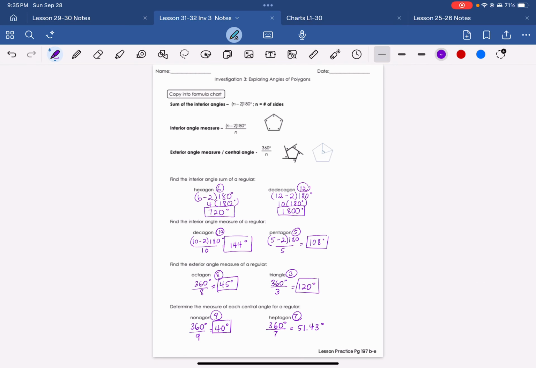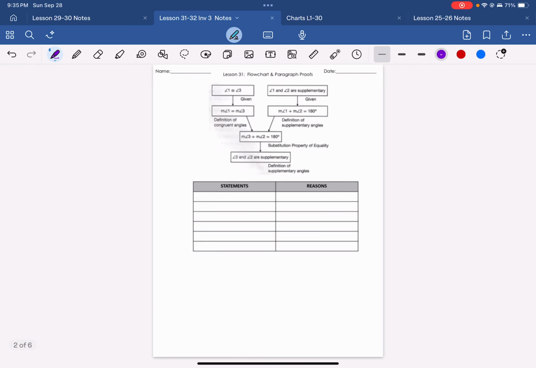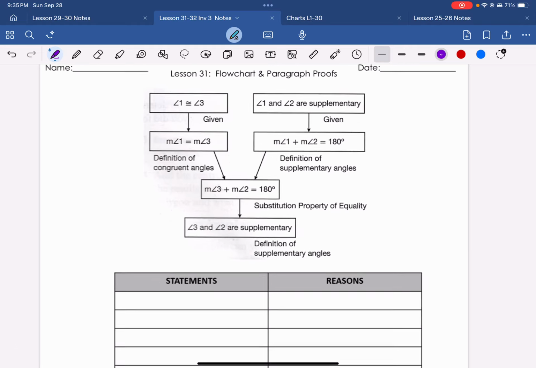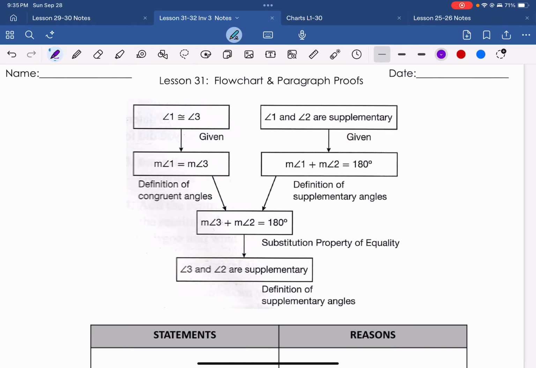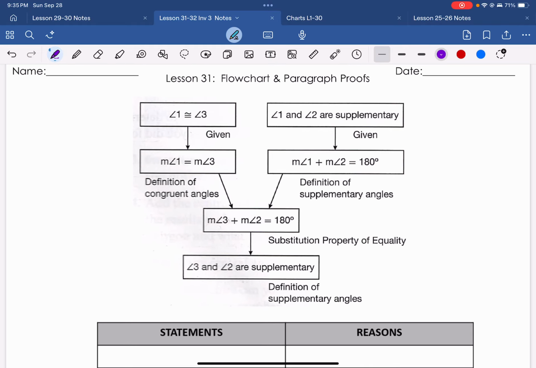We are now going to move on to lesson 31, which is flow charts and paragraph proofs. They are super simple. They are much easier than 2-column proofs, in my opinion. You'll notice that it's called a flow chart because of the way it flows from one section to another.